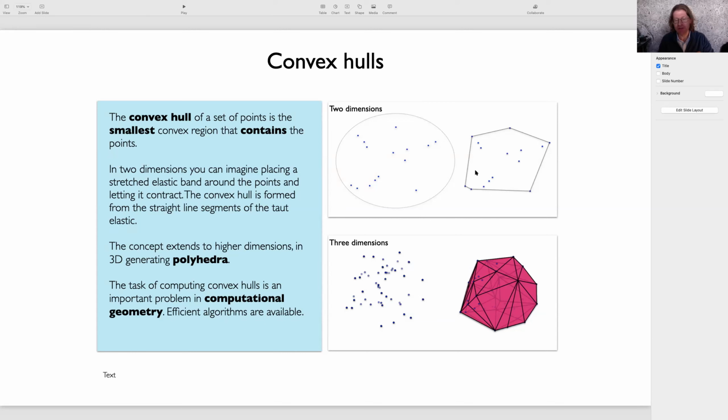I've scattered a bunch of random points in 2D. I've stretched an elastic band around it. This ellipse is an imagined stretched elastic band. I've let it go, and then it's picked out the convex hull of those points. So in 2D, it's easy to imagine this. This idea extends to higher and higher dimensions. Maybe it's harder to imagine an elastic band in 4 dimensions, but it can be dealt with using computational geometry algorithms.